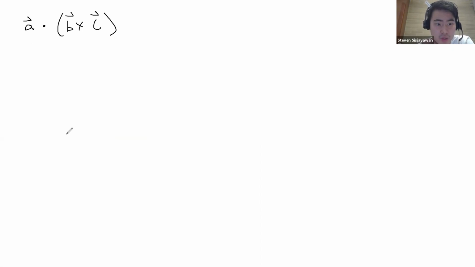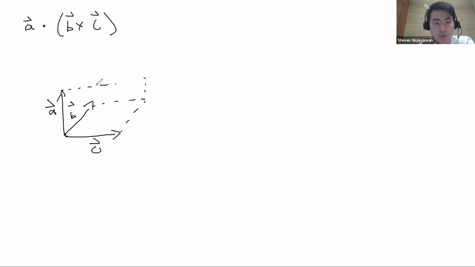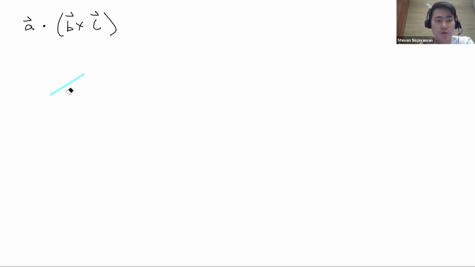So if you have B right here, let's say C right there, and A right there, you can find the volume of the parallelepiped. I won't be going over this too much, but this is kind of the idea of the triple scalar product.